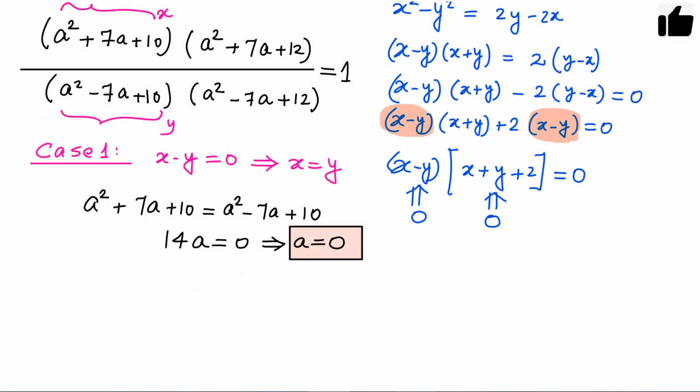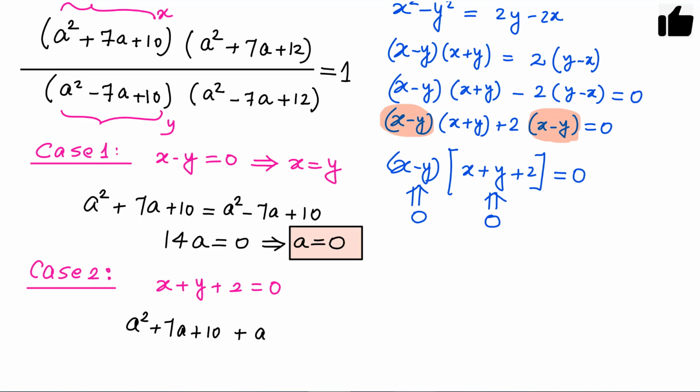Now let us consider case 2. In this case you have x plus y plus 2 is equal to 0. This means you will have a square plus 7a plus 10, plus, because x is plus and y is minus, a square minus 7a plus 10, plus 2 is equal to 0. So the 7a cancels out. You will have 2a square, and then 10 plus 10 is 20, plus 2 is 22, is equal to 0.